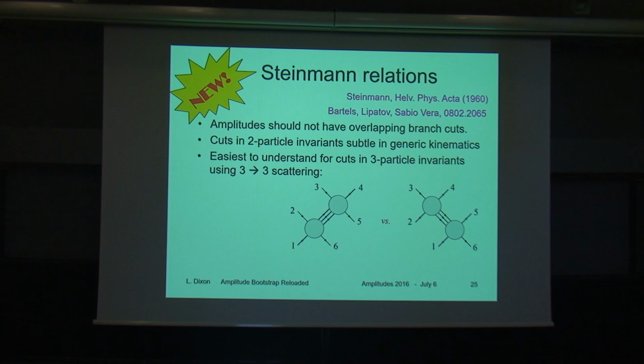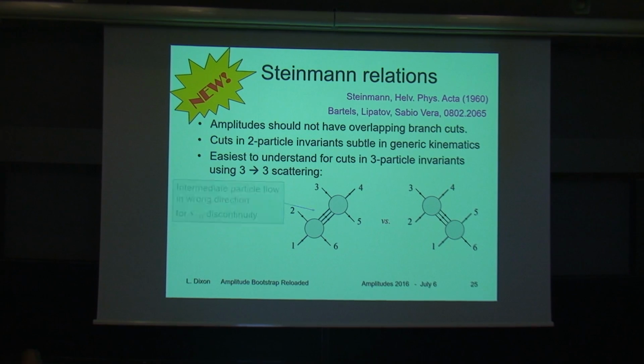But once you take that discontinuity, that discontinuity function remembers that you have to have real momenta propagating in this direction. And over here, you have a similar configuration, which is responsible for the cut in the 2, 3, 4 invariant. But they're incompatible restrictions. Once you've taken this discontinuity, you've imposed a constraint on propagating particles here, which is inconsistent with them having real momentum propagating the other direction.